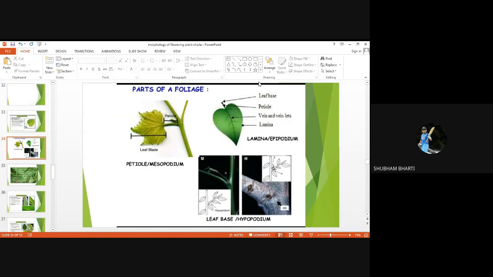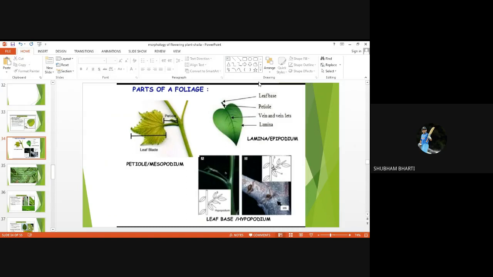The next one is the lamina. Lamina is the green expanded portion, and the lamina shows two surfaces, the upper surface of the leaf and the lower surface of the leaf. The upper surface is called adaxial, while the lower surface is called abaxial. The lamina is a green, thin, flattened lateral appendage of the stem, photosynthetic in function.